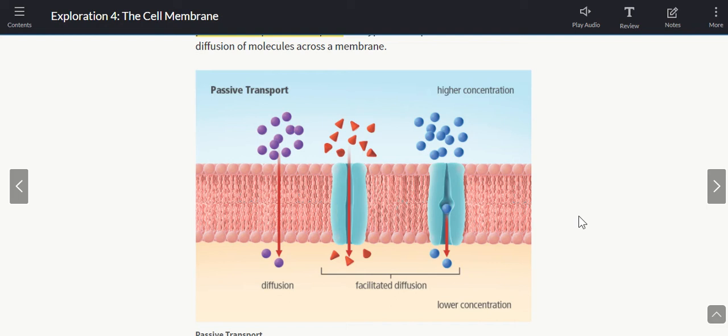They want to get away from each other. It's very uncomfortable to all be packed in a tiny area. Well, molecules feel the same way. When you pack molecules together, what they want to do is spread out. And so that's this movement right here. They are spreading out from an area where there's lots of them to the only other area available where there's less of them. And that's called passive transport, whenever they're moving from high to low concentration.